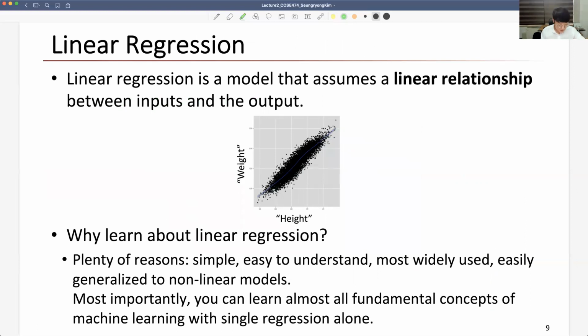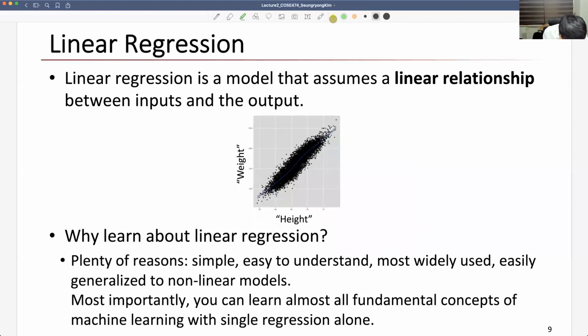So yeah, this was regression. Then what is the linear regression problem? This is today's topic. Linear regression is the model or mapping function that assumes a linear relationship between input and output.